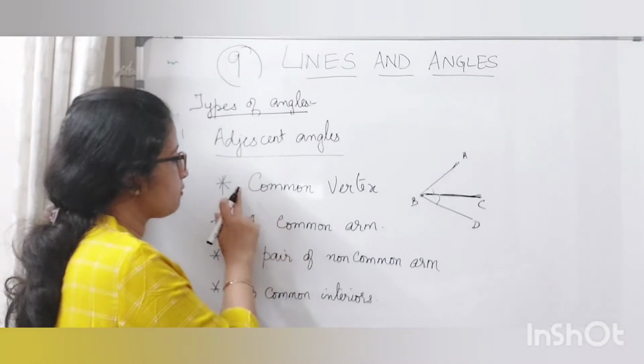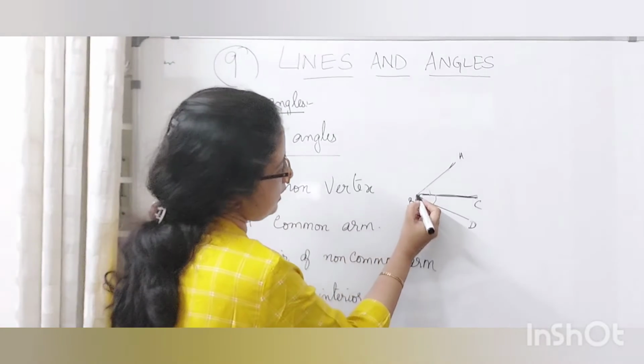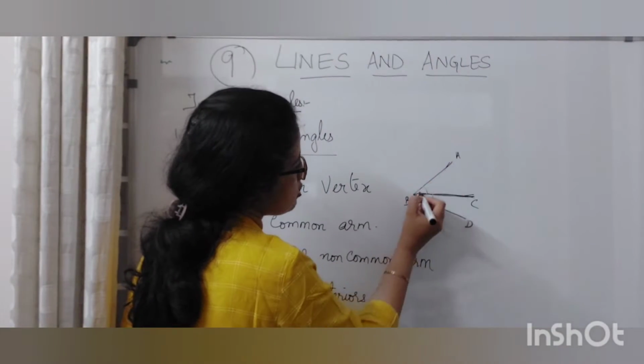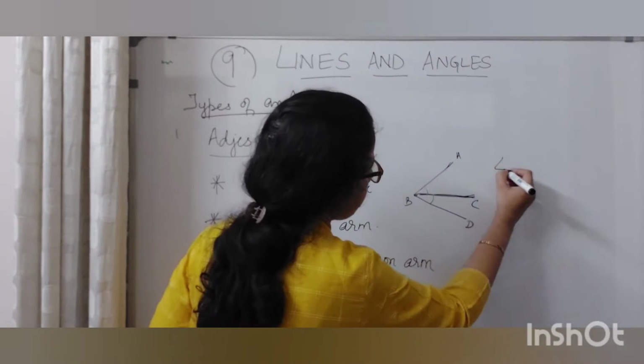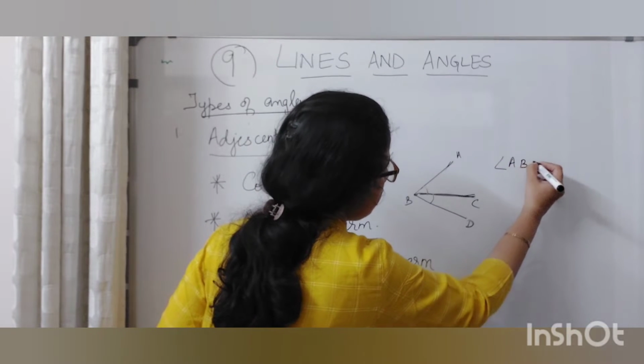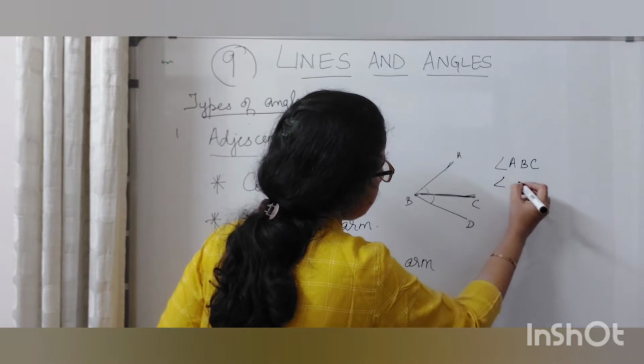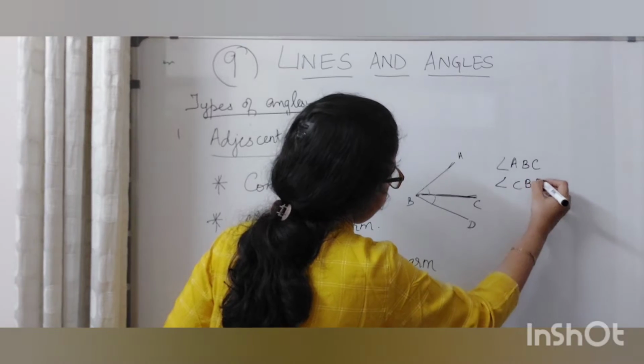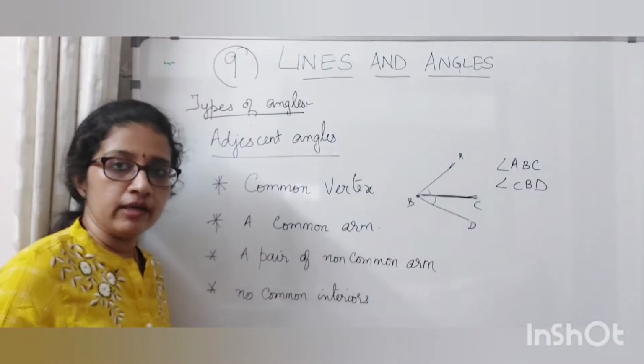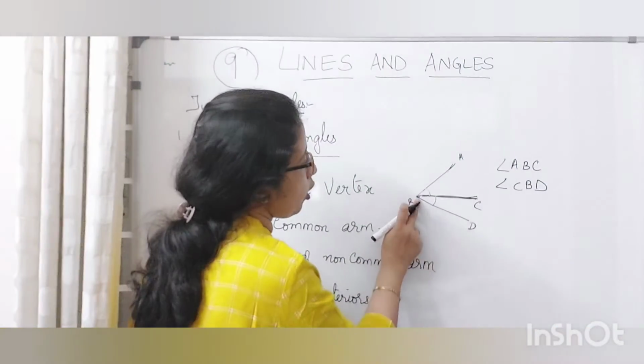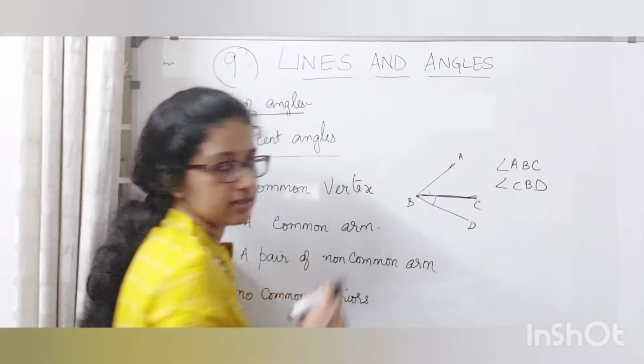First, what is the first rule? Common vertex. B is the common vertex for these two angles. One angle is angle ABC and the other angle is angle CBD. So here B is the common vertex for both the angles.